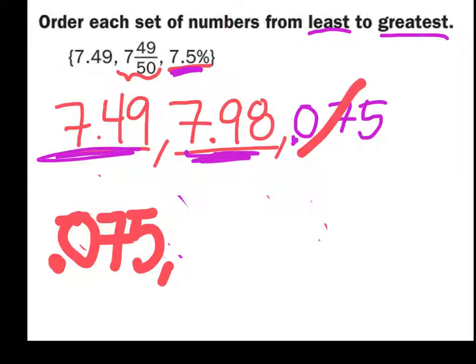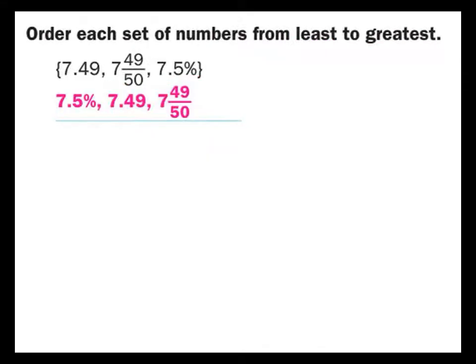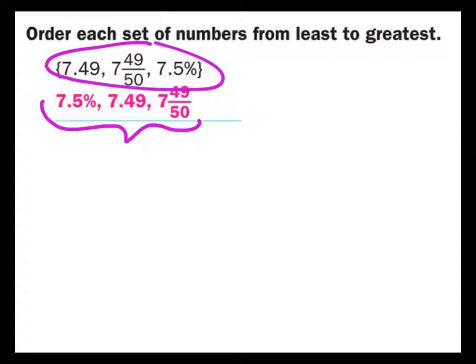Oh, yeah, 7.98 is bigger, so it would be our final number. Which means our middle number is 7.49. I kind of skipped around there, but you can do it in order, okay? All right, there's your answers, and it's the same. Notice all that's different is that the book put these back into their original form. All right?